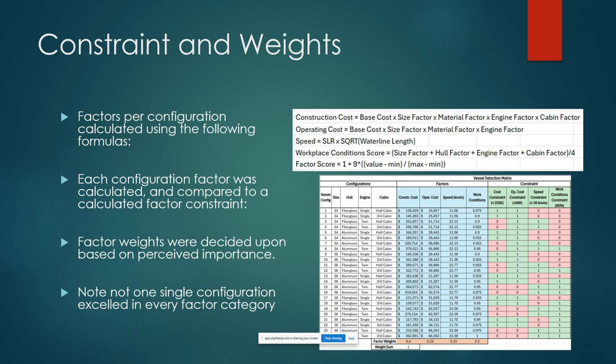The factor weights were determined based on perceived importance across the entire group. No single configuration excelled in every category, so that meant that trade-offs were necessary in selecting the final vessel. The weighting system ensured that even if a vessel performs poorly in one category, it can still be competitive if it outperforms in other categories.